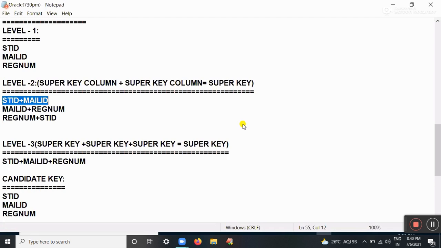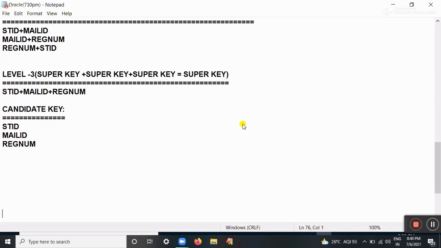Carefully observe. A primary key can be called simple primary, candidate, composite, and super.